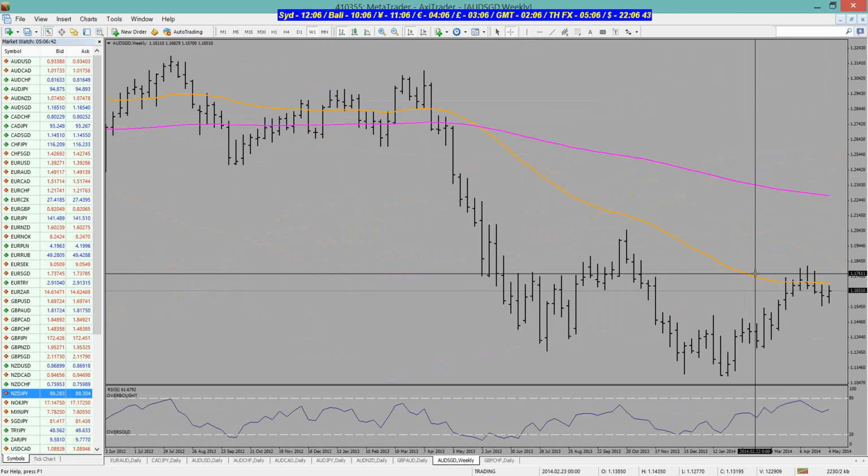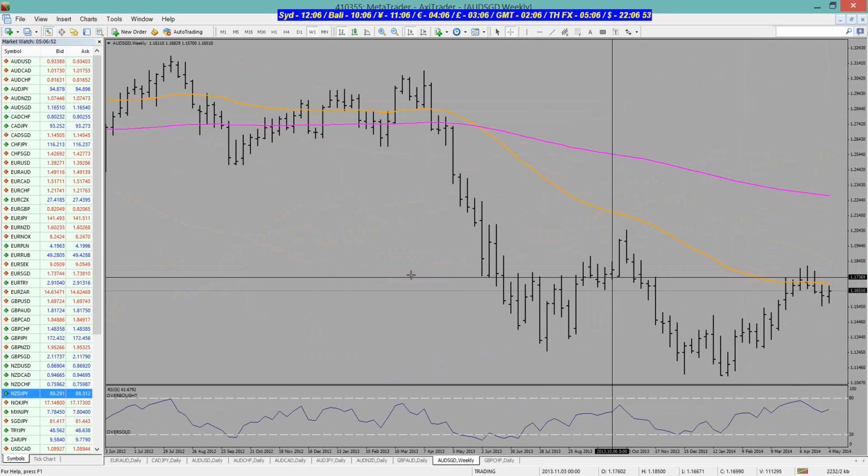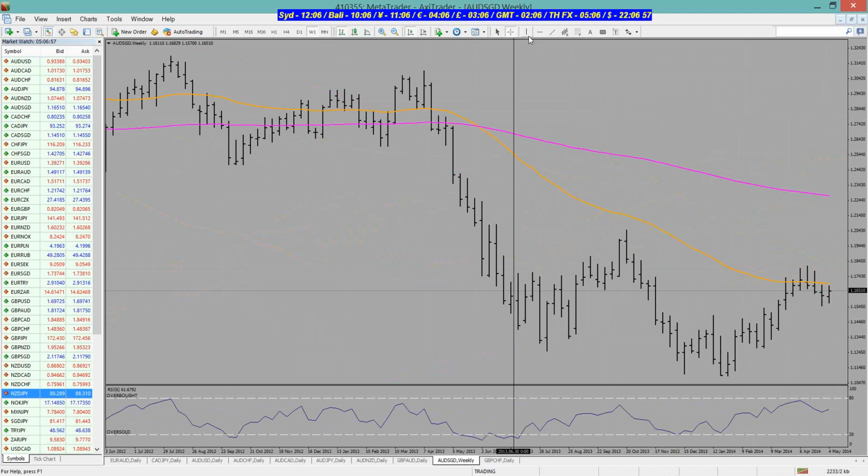You'd have to say that's a reasonable level around here at 1746. This high, these lows, these highs, that high there. So then is that too far away, or sorry, is that not far away enough?